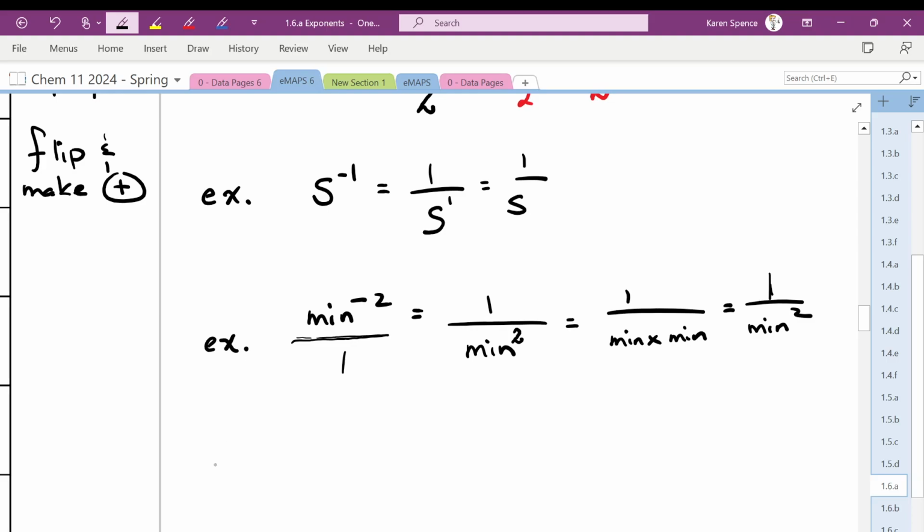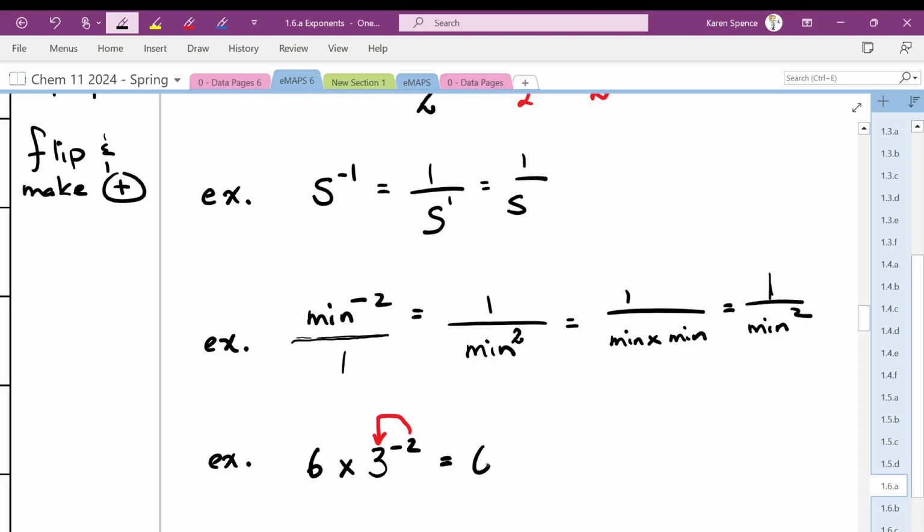What if we had 6 times 3 to the negative 2? Does the 6 get hit by the exponent? No, the negative 2 only applies to the 3.